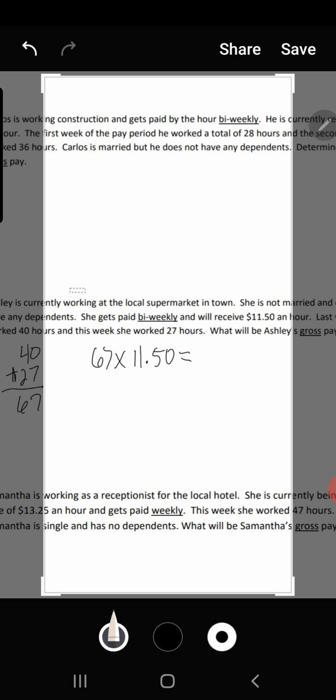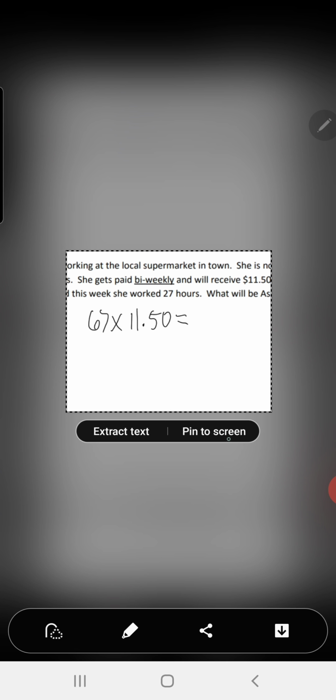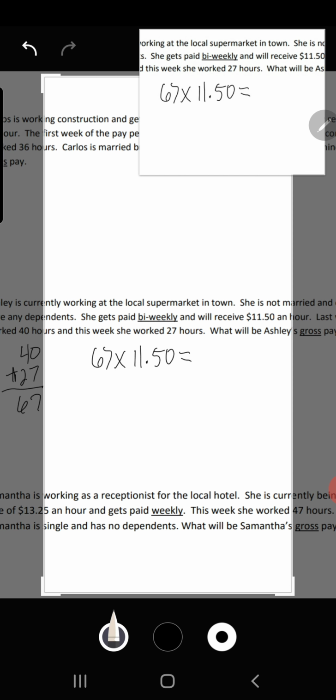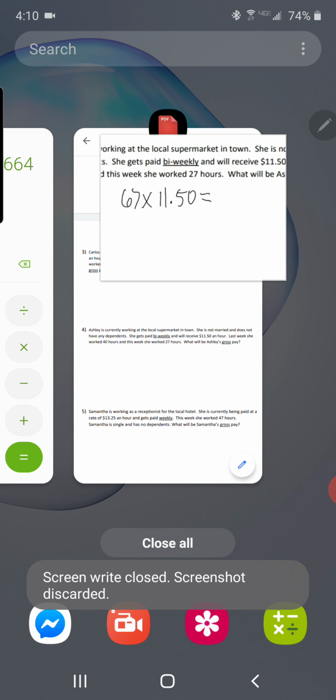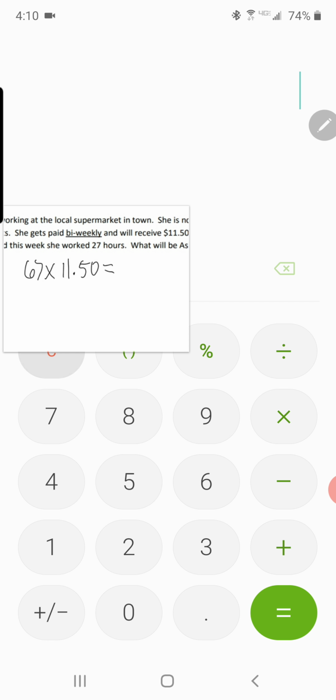Again, let's take this over to the calculator, and we'll see that her gross pay would be 67 times 11.5. So her gross pay will be $770.50.